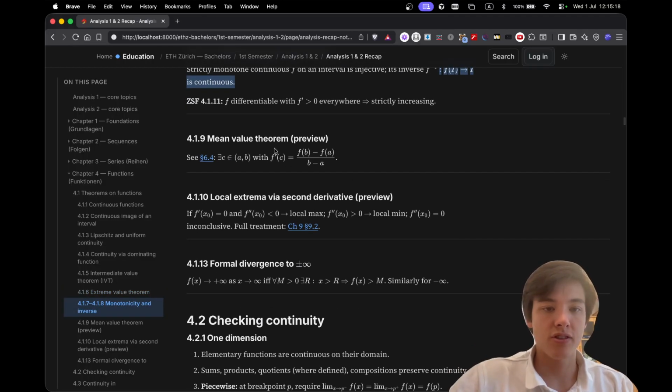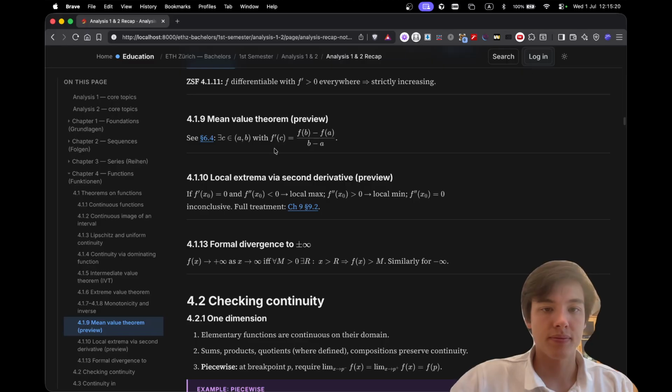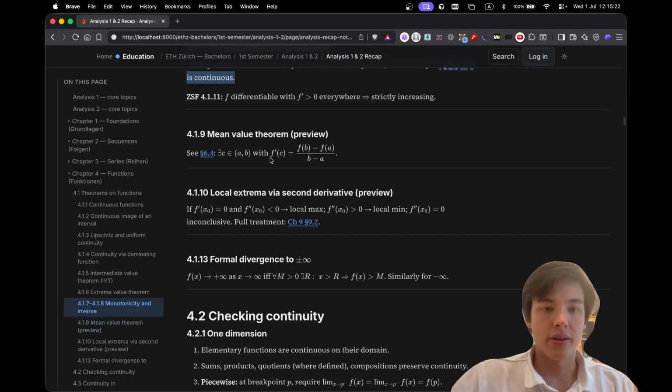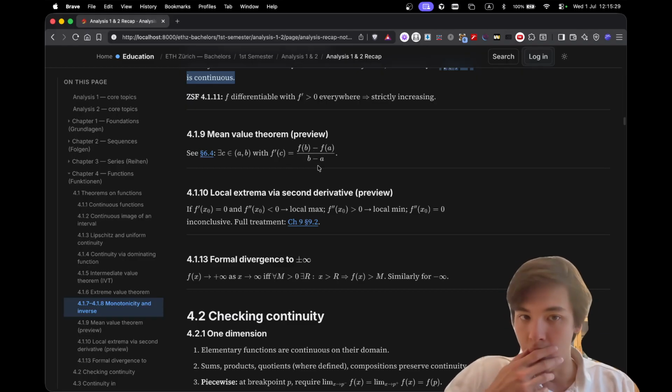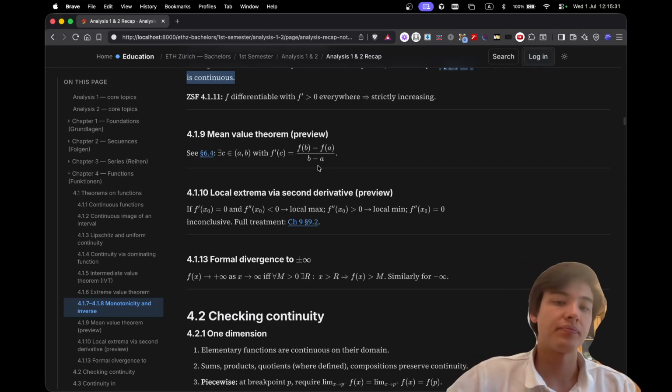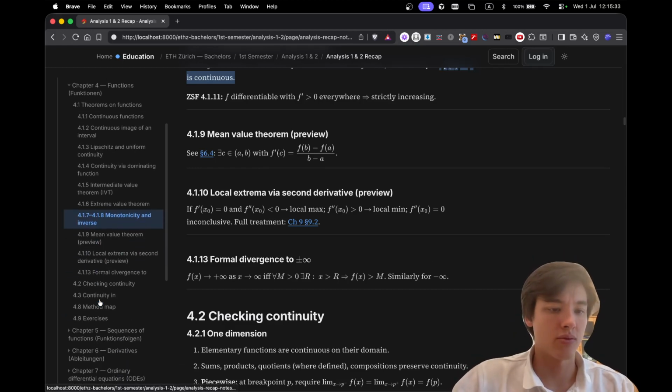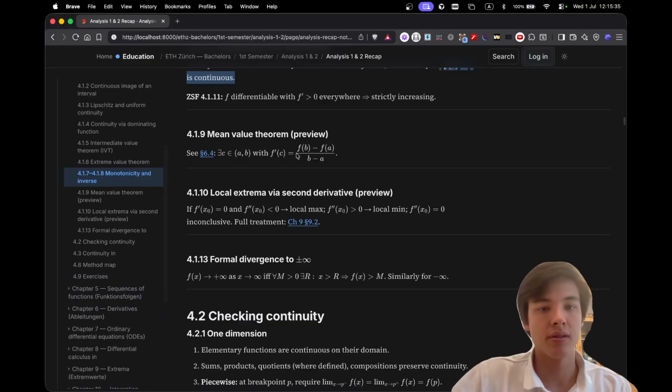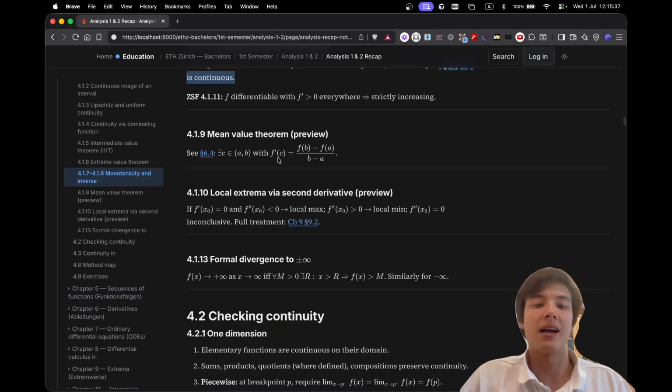Mean value theorem. So yeah, the derivative equals this. Preview. Oh, I guess we'll look at it for derivatives. But yeah, we can use that.